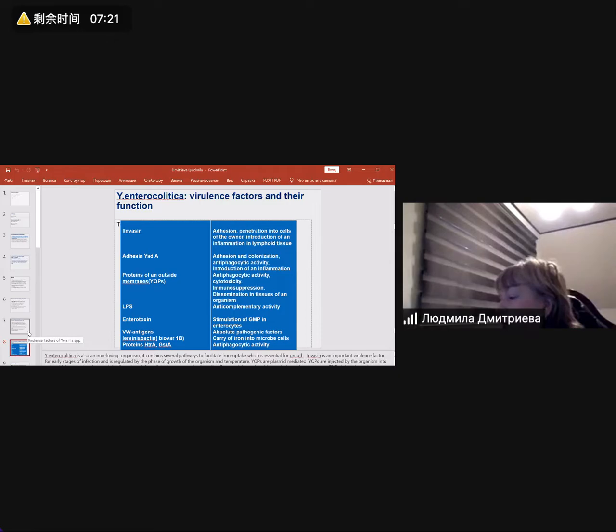And doctors, the first virulence factor is invasin. Invasin plays an important role, yes, and its role is adhesion, penetration into cells of the host, and introduction of an inflammation in lymphoid tissue.